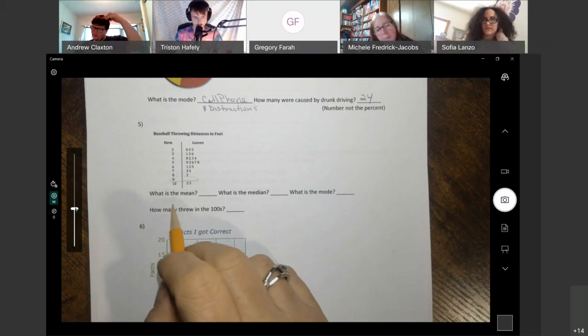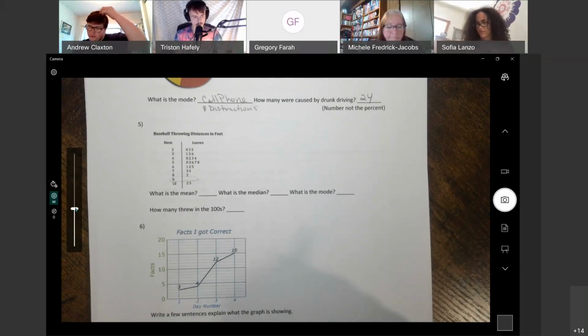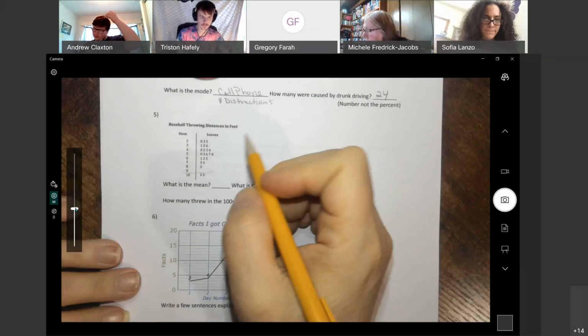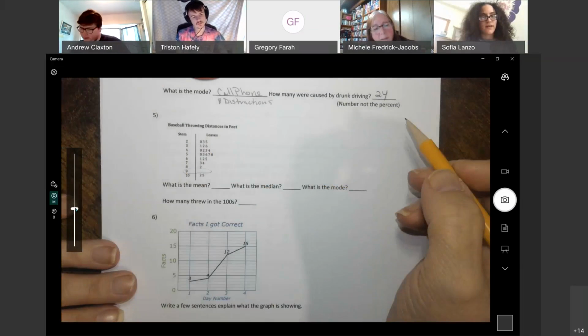Okay, what's the mean? How do we find the mean? You add up all the numbers and then you divide them by how many there are.